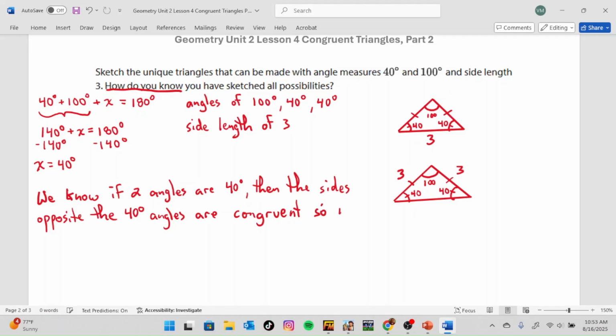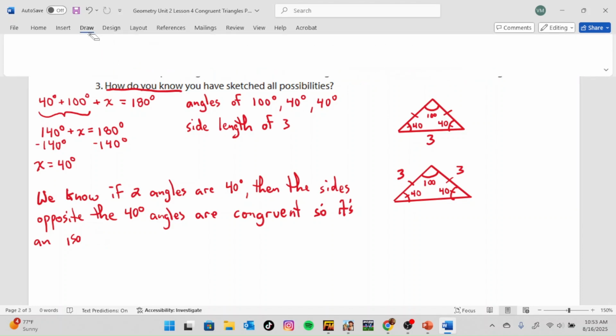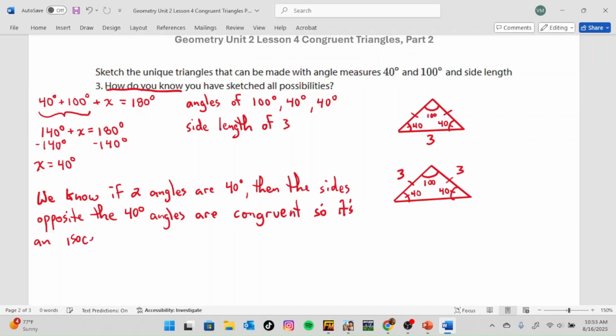So, it's an isosceles triangle. These are the only two options.